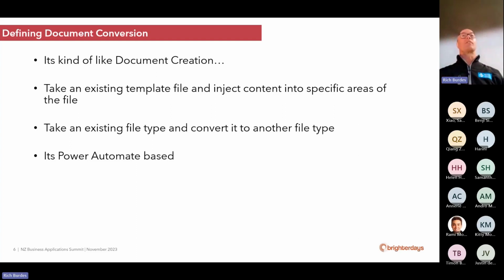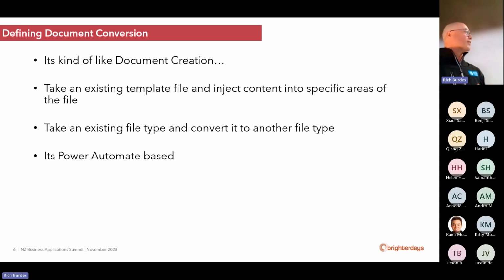OneDrive does that, right? The OneDrive connector can turn it into PDF, or I can use any other tools and move from one to the other. But some of the Power Automate tools tag themselves as document conversion when they're actually the same as creation. So when you go looking to figure out which tool to use, that's a key thing to know.